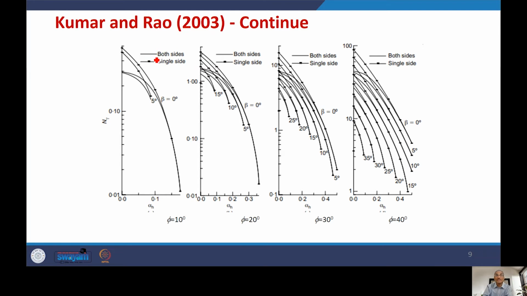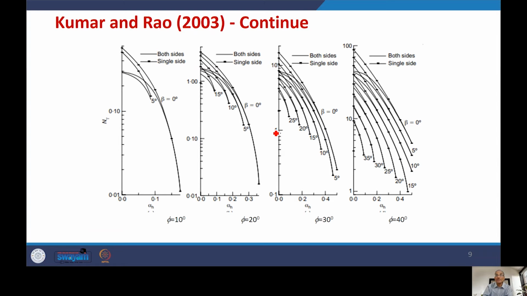One is when you consider that the failure envelope is on both sides of the footing, and this legend is on the single side. Naturally, when you consider the failure envelope from both sides of the footing, then your value of N gamma will decrease. So this single side, when you consider, is a higher value than this. So for the conservative side, you will be using the one without this legend here.